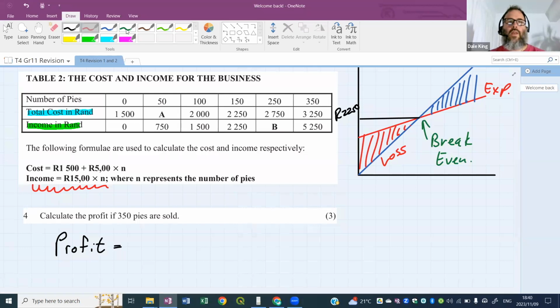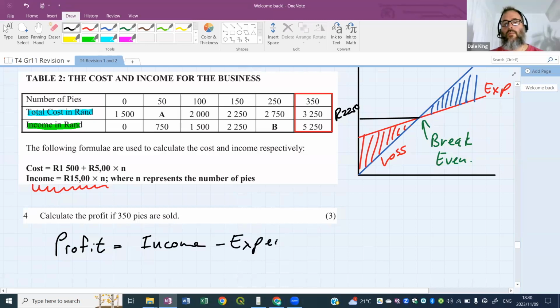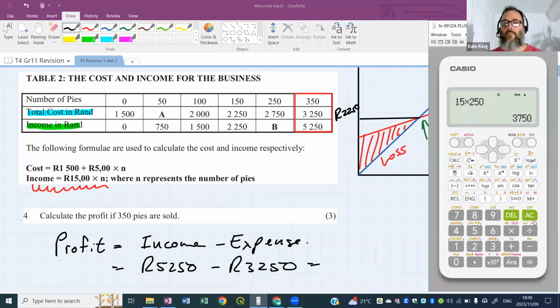All right, so we're looking at this part of the table. Profit is your income minus your expense. So we need to take the income value, which is 5250, minus 3250. All right, let's see what we get.